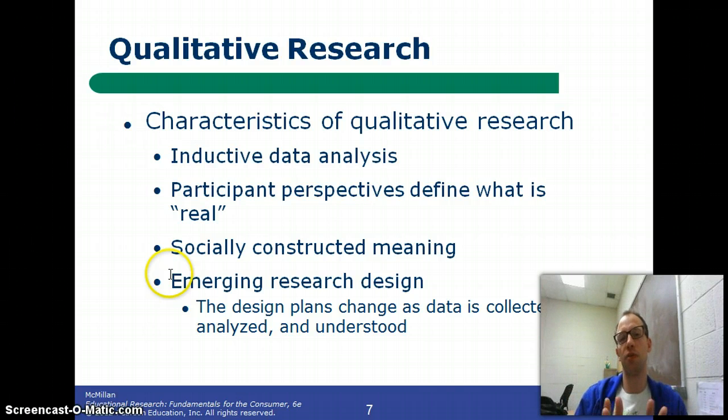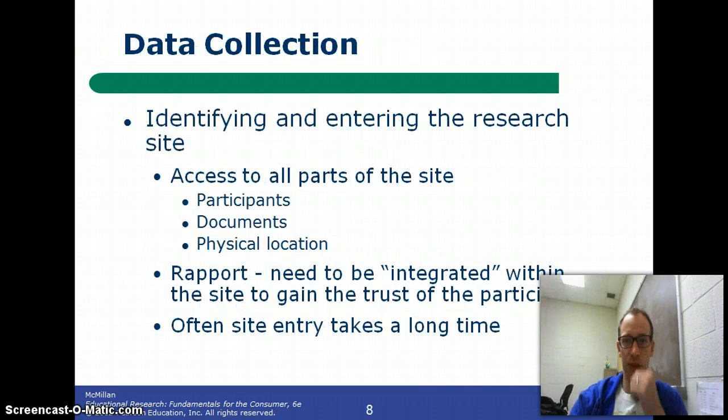In the first portions of your research paper, you'll state what you're interested in, or some kind of problem, maybe not even a problem, maybe it's a phenomenon that you're interested in, or just looking at some case, but you have some general topic that you're going to collect data on, and as you collect the data, your research question may very well change. And that's very common in qualitative research.